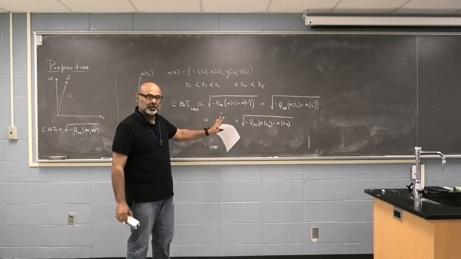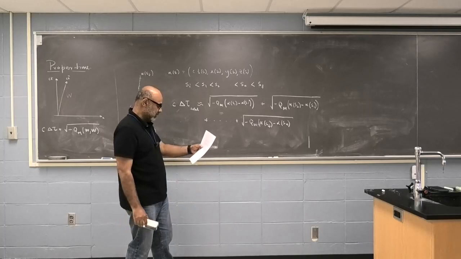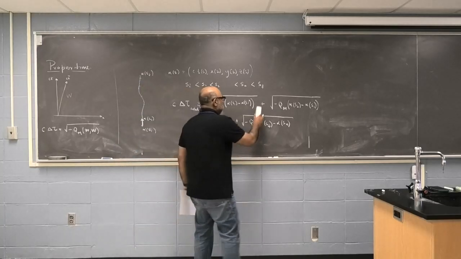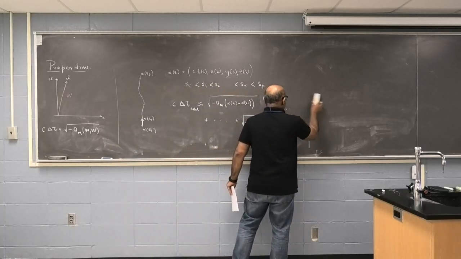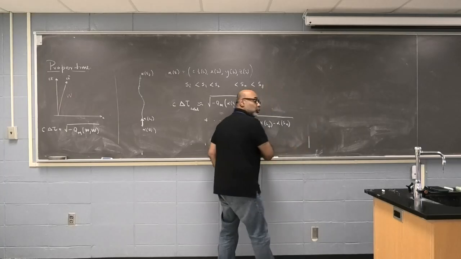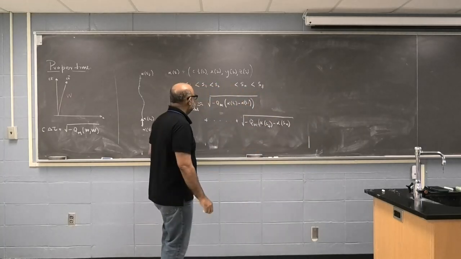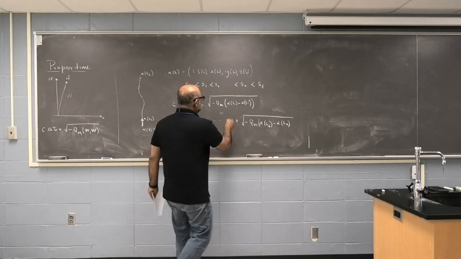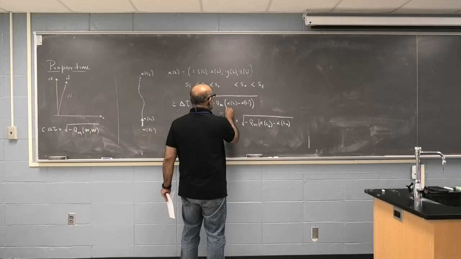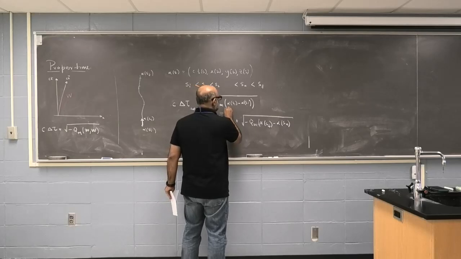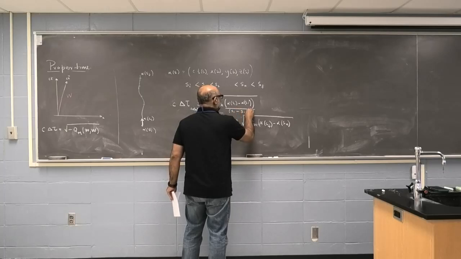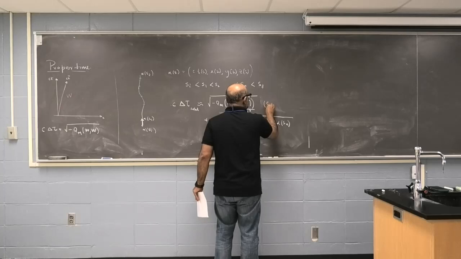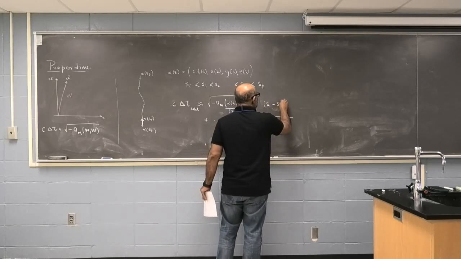So I'm going to divide this by s_1 minus s_i squared, and then multiply by s_1 minus s_i.